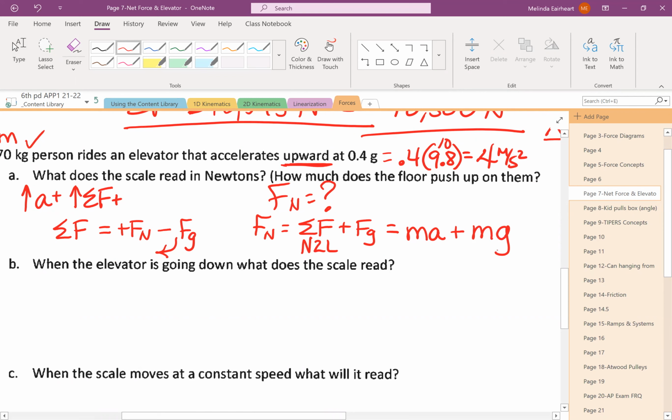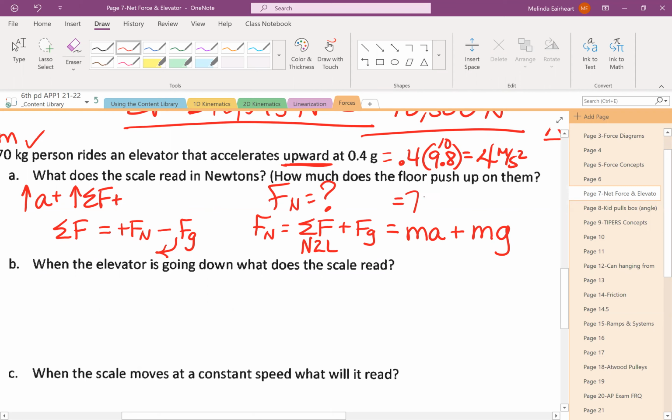Okay, so it is a mass times acceleration in both pieces, but the ma is the acceleration that you're actually going, and g is based on the gravitational field, which unless you leave the Earth, it's not going to change. Okay, now yes, you could factor out mass, but I'm going to keep it because later on I'll be asking you the weight. So it's nice to solve for it at some point.